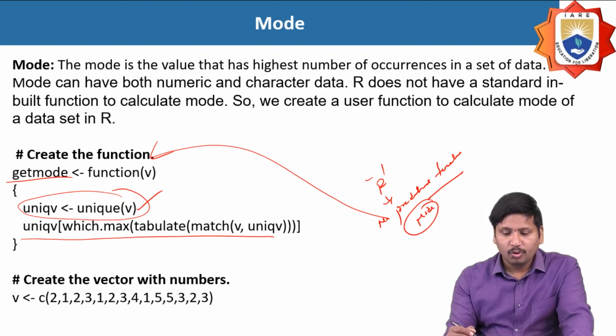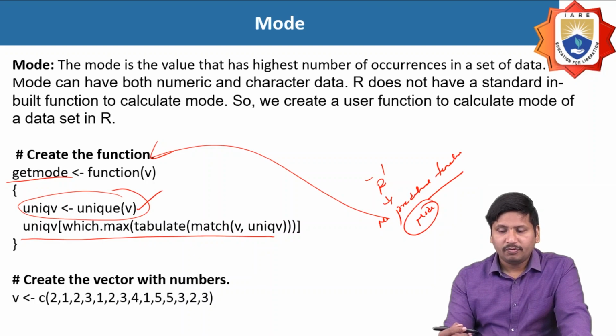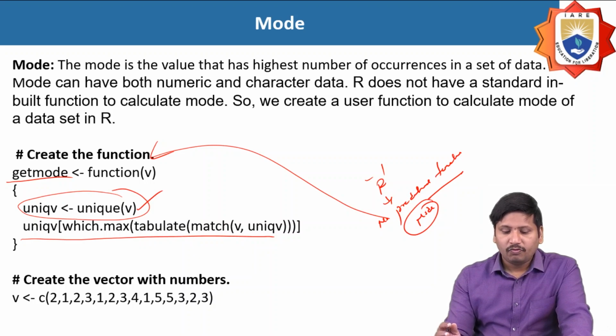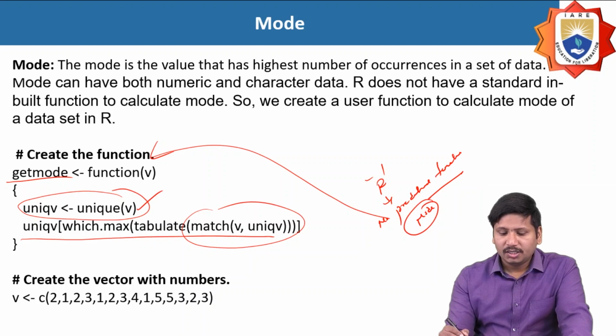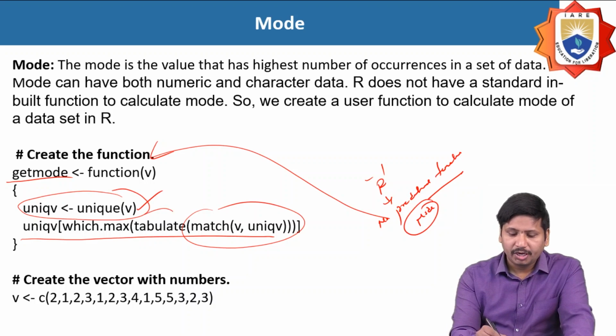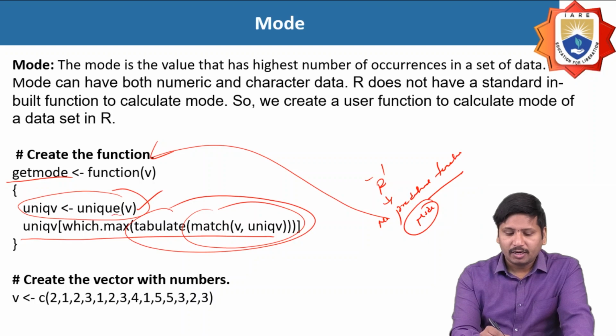Mode means the number that is repeated the most, that should be the mode, right? So first we match the values in this vector, then we tabulate that and calculate the maximum.